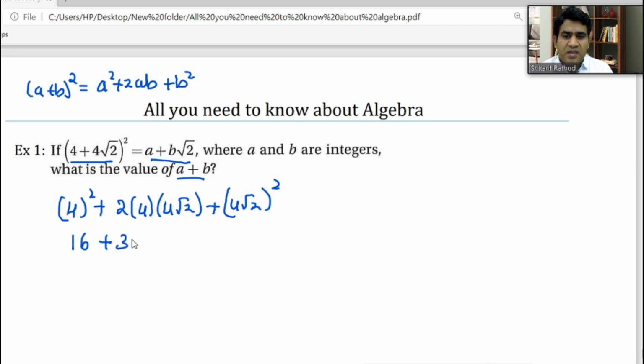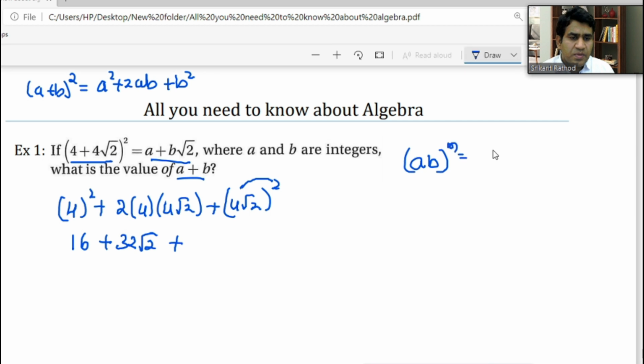This can be written as 32 root 2 itself, plus (4 root 2) square, because when I'm saying this power, it should be given to the individual terms. As we say (a times b) to the power m can be written as a to the power m times b to the power m, in the same way we can distribute the power to the individual terms.